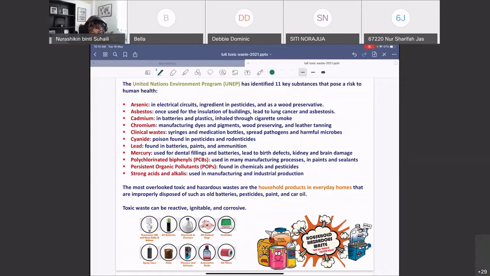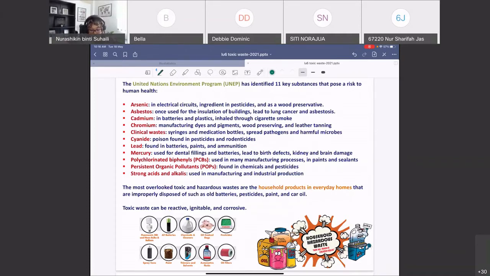Okay, so these are the toxic materials. And as biotechnologists, why do we study this course? We study environmental science, and we also study the biotech approaches. So that makes the difference between this course and an environmental science course. When we talk about environmental science, we're just talking about what happened to the environment, what the toxic materials are, but they might not discuss it from a biotech point of view.